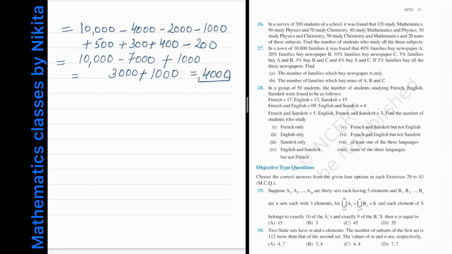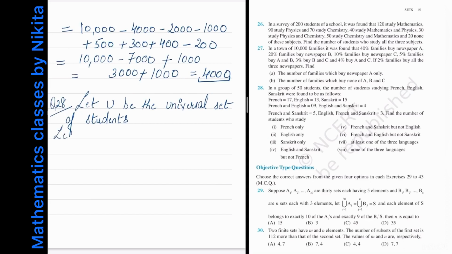So basically first you have to draw the Venn diagram. All the things you can find easily after that. So first let us formulate the problem. So let U be the universal set of students. Now here we have three languages. We have French, English and Sanskrit.